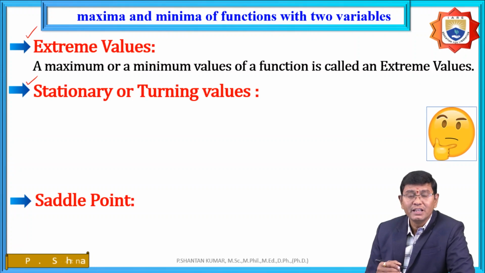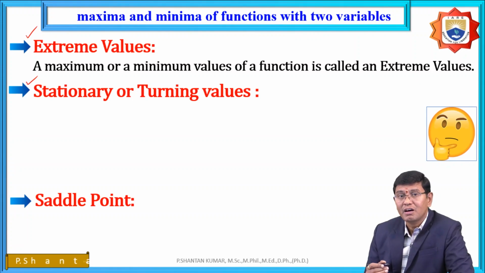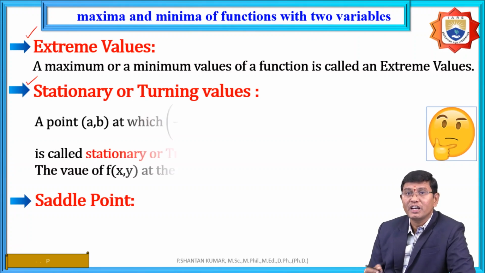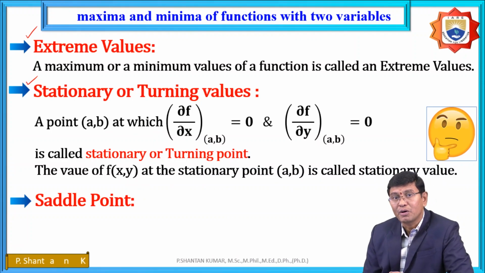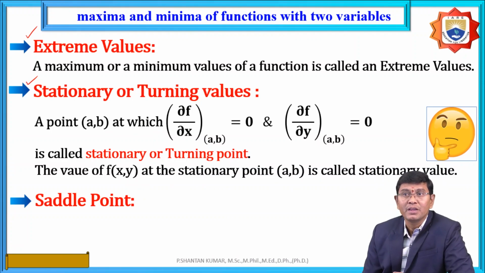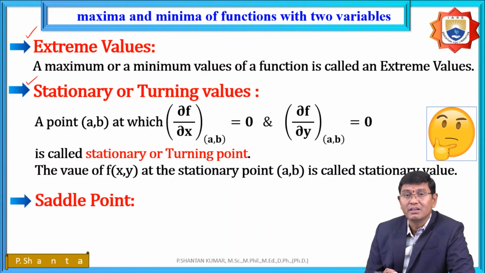When we solve p and q equal to 0, we get the values called the stationary values or turning values, or stationary points or turning points. That is the meaning here. A point a comma b at which dou f by dou x at the point a comma b is equal to 0 and dou f by dou y at the point a comma b is equal to 0 is called a stationary or turning point.